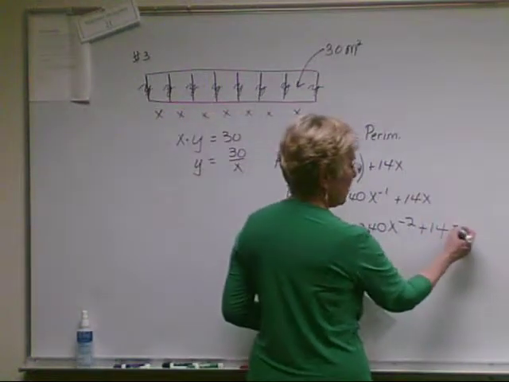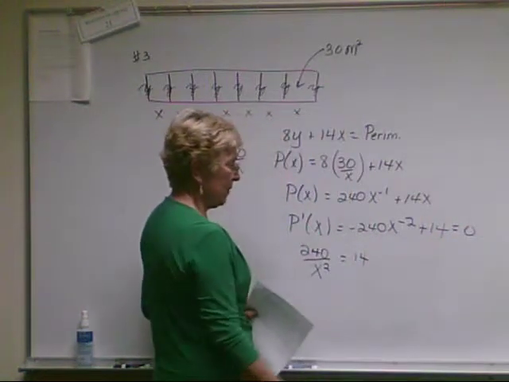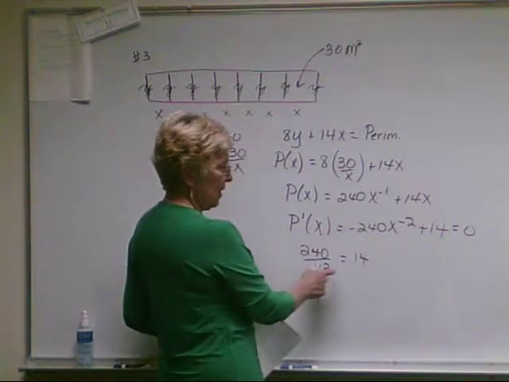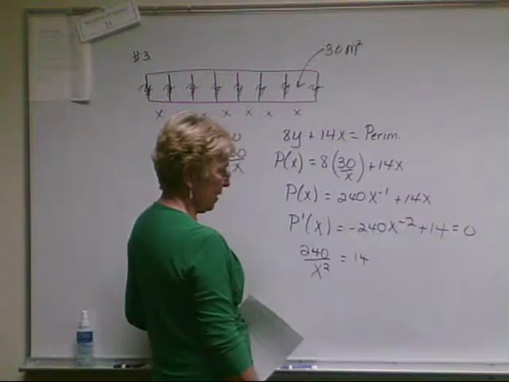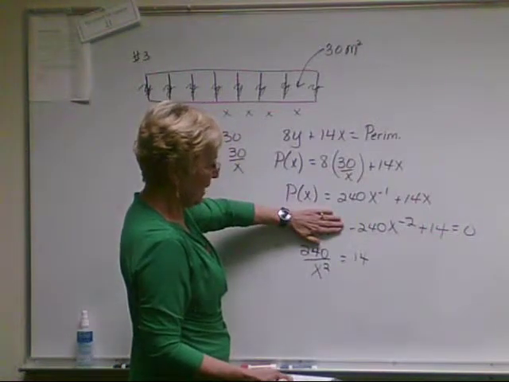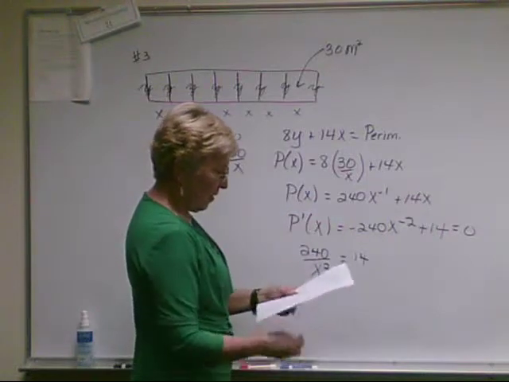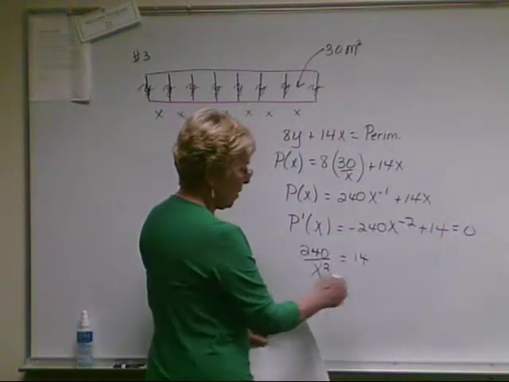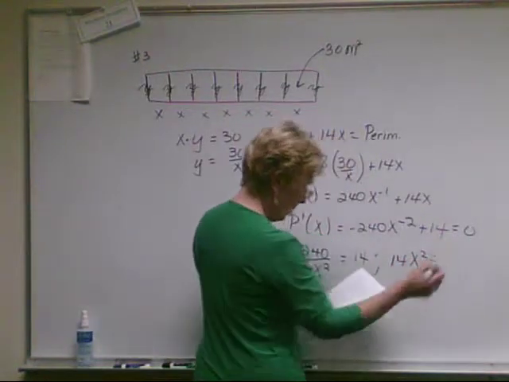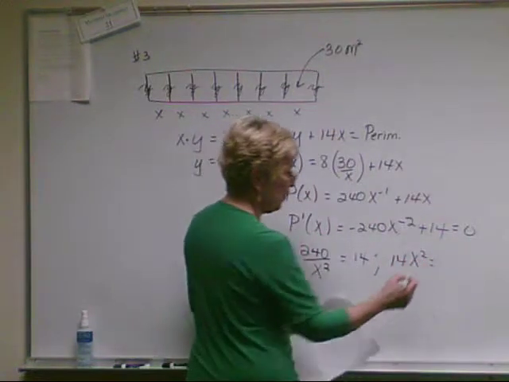So as a result of setting this equal to 0, we can rewrite this on the left side, leaving the 14 on the other side. So just looking at this part, ready to use the mechanics here, when we cross multiply, 14x squared is equal to 240.